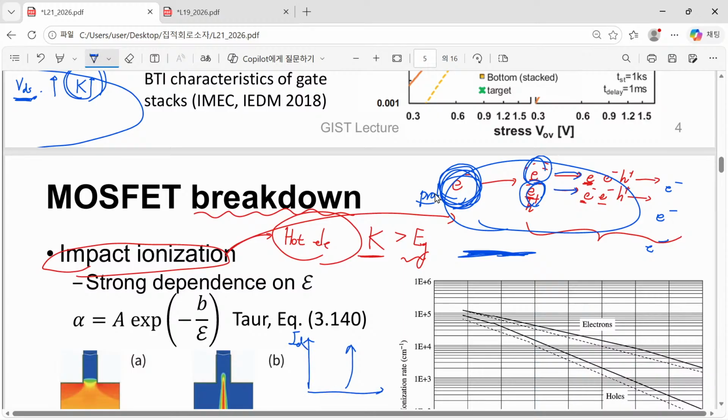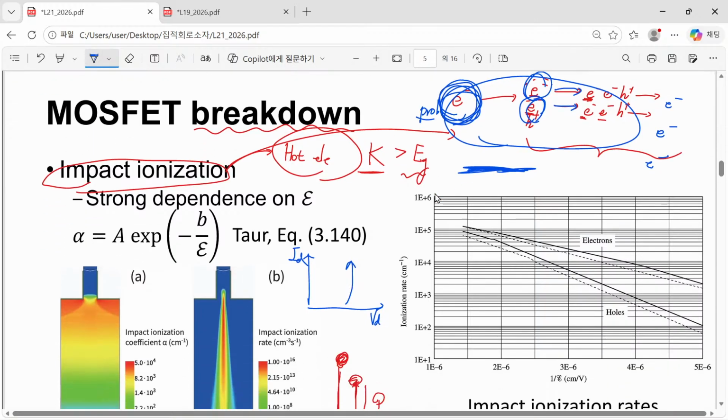Simply speaking, if we increase drain voltage, of course there is a certain amount of current level which is quite meaningful. So this is the usual way we use the transistor. However, if we exceed a certain voltage, usually called the breakdown voltage, then suddenly this transistor conducts a lot of current, several thousand times higher than its usual operation condition. So you cannot use it for your nominal operation.